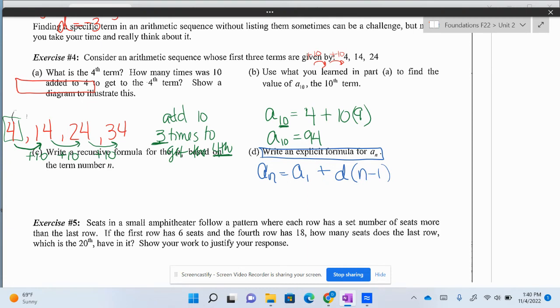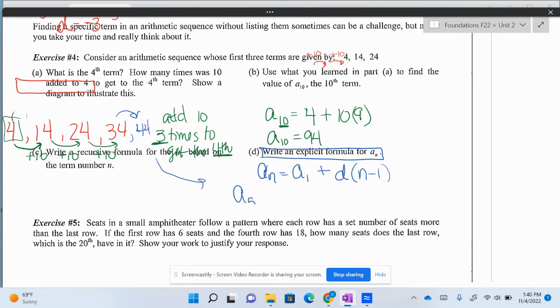So I'm going to use that formula and talk about a to the fifth, because we know that a to the fifth would be what? What would the fifth term in this be? Go ahead. 44. So let's use this equation and see if we can make that happen.